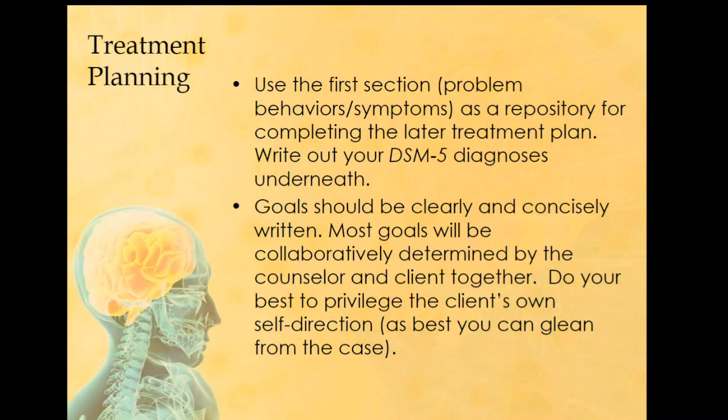So if you've diagnosed your client with major depressive disorder, you'll want to mention sleep disturbance. You'll want to mention low mood. You'll want to mention feelings of hopelessness. You'll want to mention appetite changes. So these are all symptoms that are showing up.